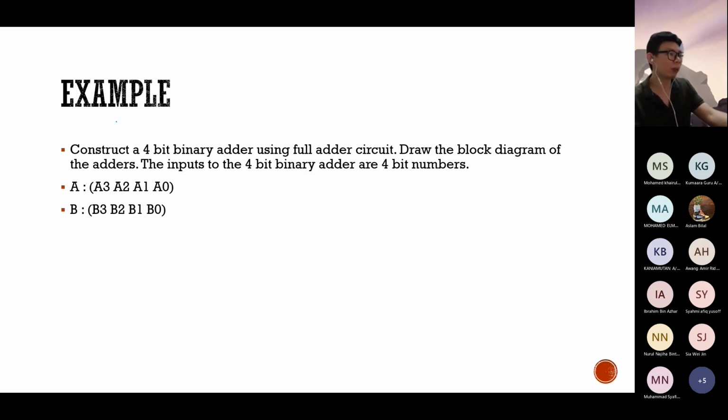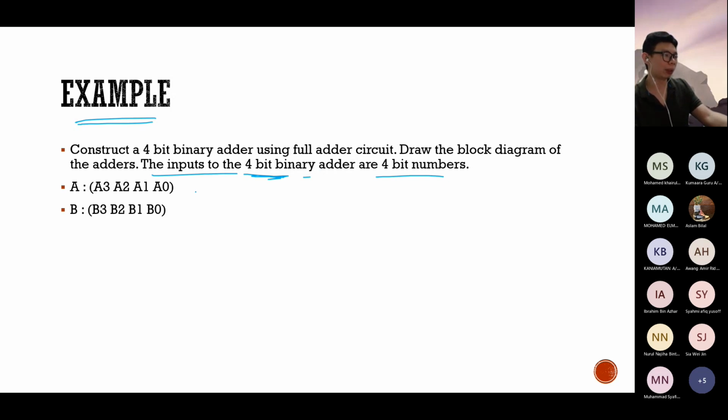For example, we can make a 4-bit binary adder. What we're doing here is constructing a 4-bit binary adder using full adder circuits. Draw the block diagram. The inputs are 4-bit binary numbers.